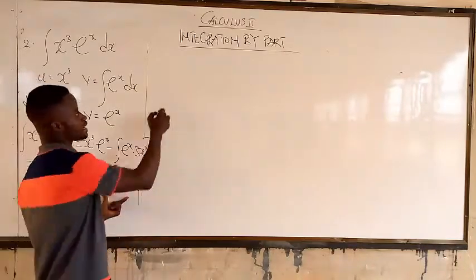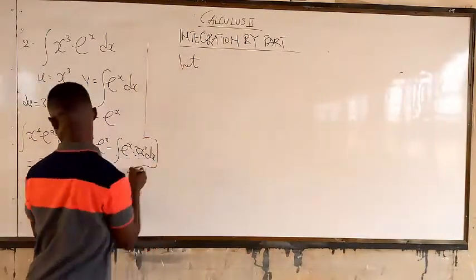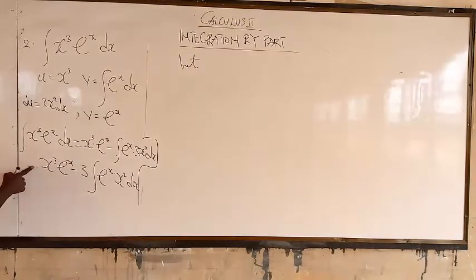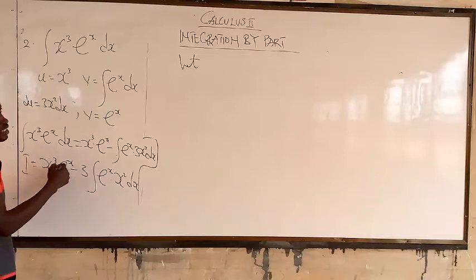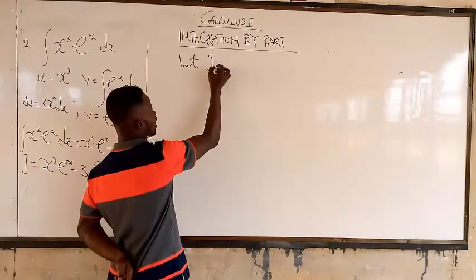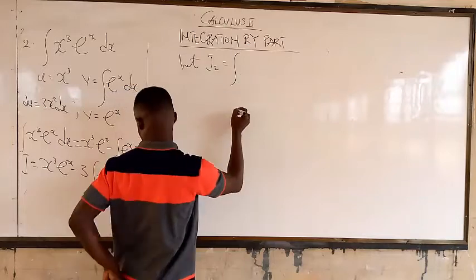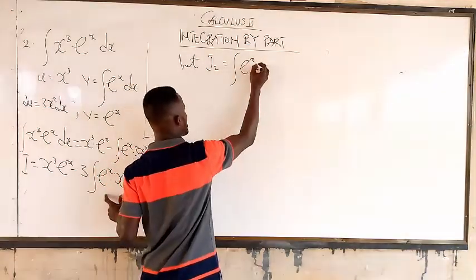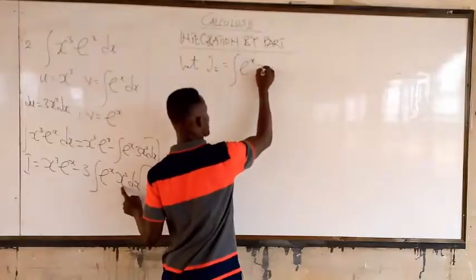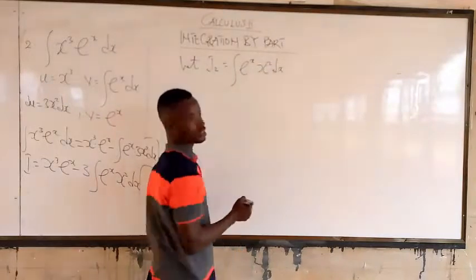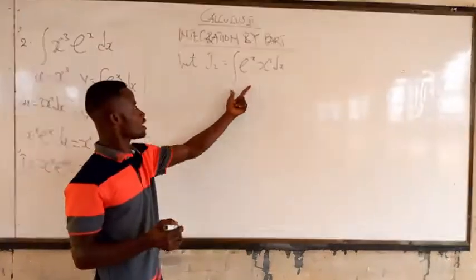Don't forget that here I is equal to this. Let's represent this by I is equal to this. That is the first. The I represents this. So we are going to let I2 be equal to e raised to the power s times s squared ds. So you go and integrate this again.